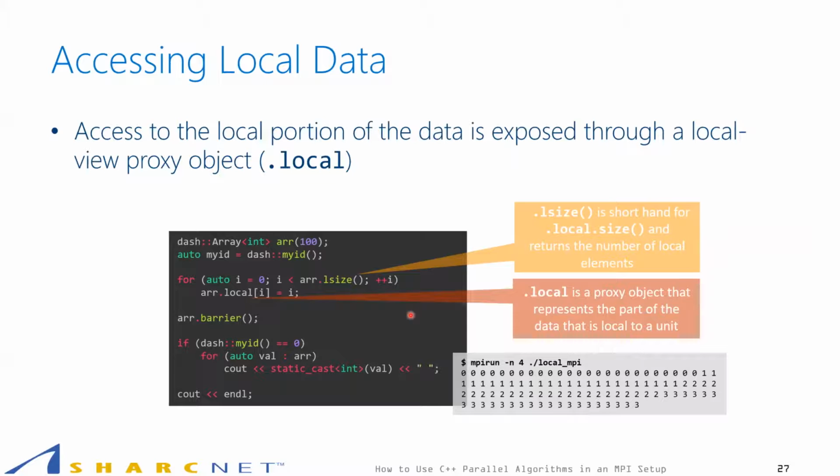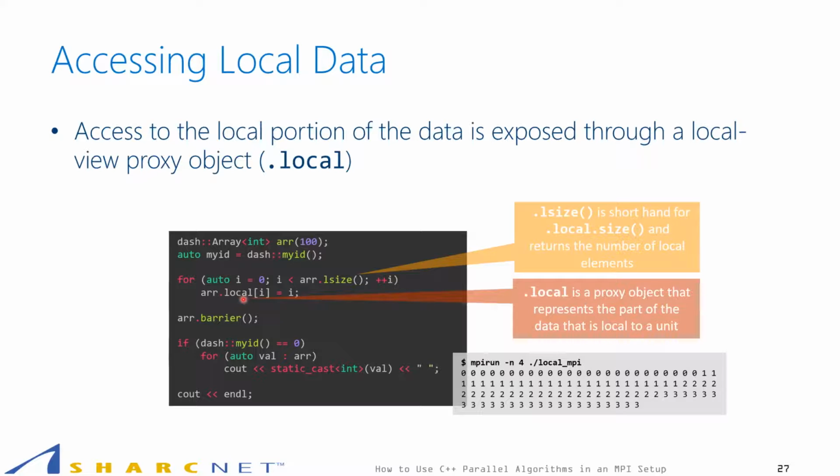But using local addressing, using the same for loop, but this time using lsize for the local size, and then using the local addressing, which you can replace with lsize, but local is like this.